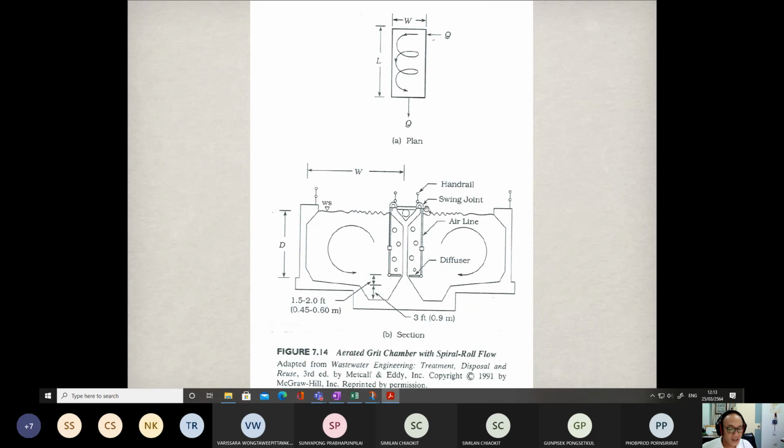When they move up, they always create water movement inside the chamber like this, so it becomes like a spiral. All the grit which is suspended inside will be brought to the bottom by the water movement inside this chamber. Finally, all the grit will be accumulated at the bottom here.